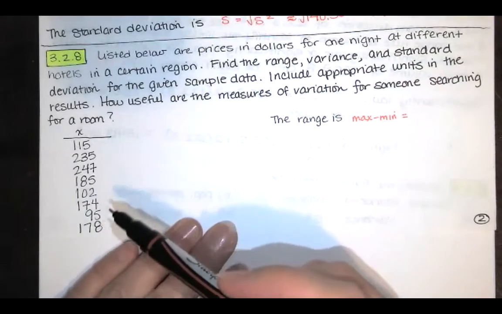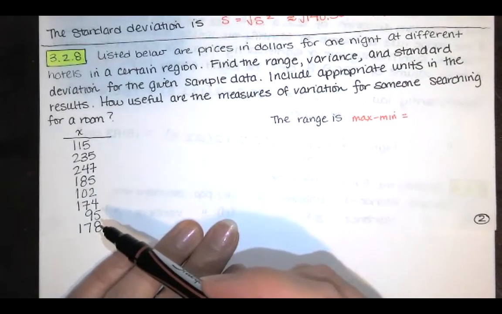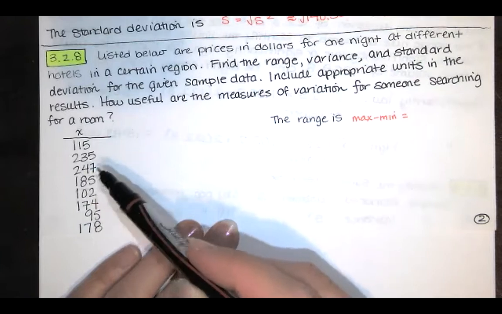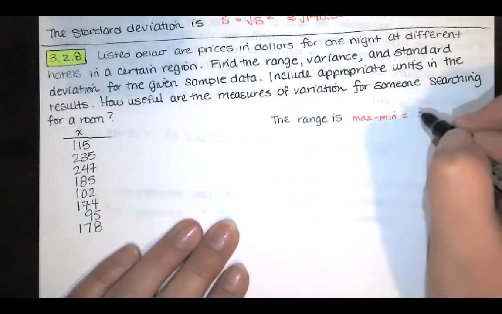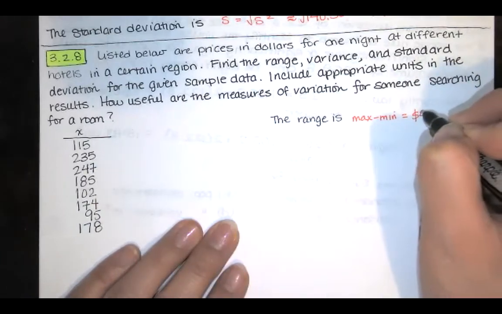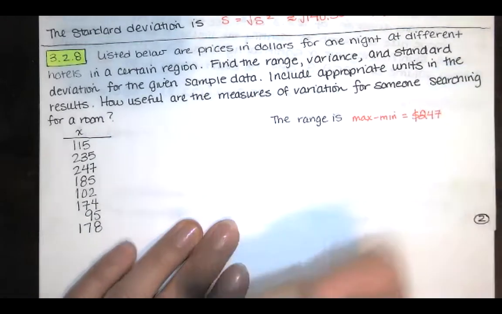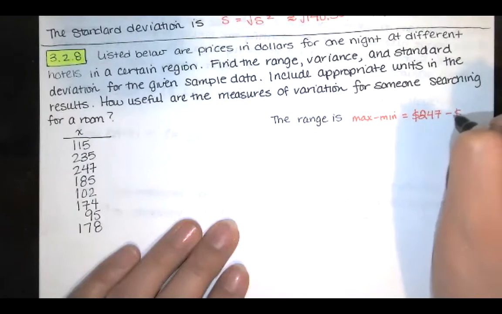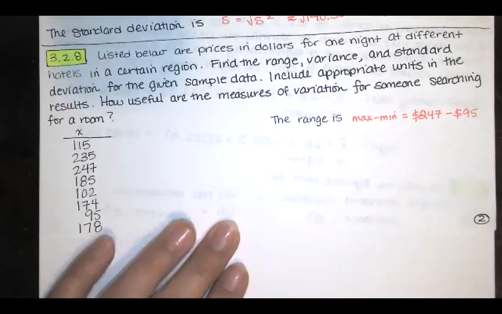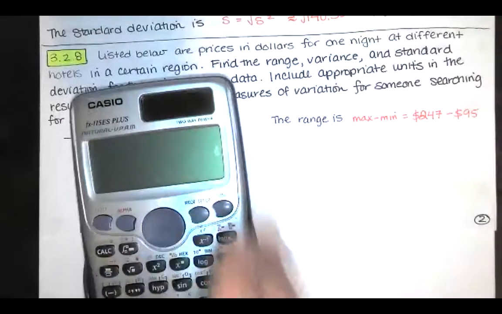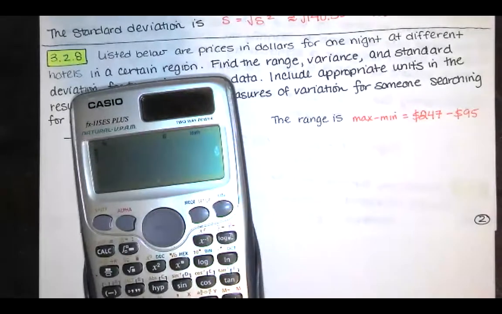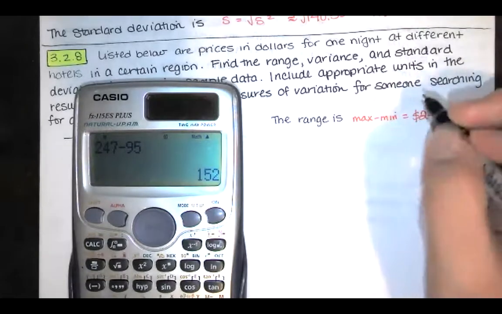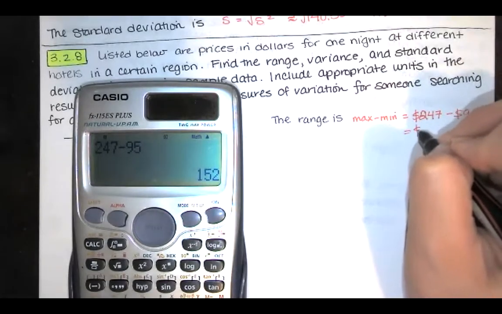So the maximum hotel price is $247. And then we're subtracting the minimum hotel price of $95. And so the range is this, 247 minus 95, which is $152.